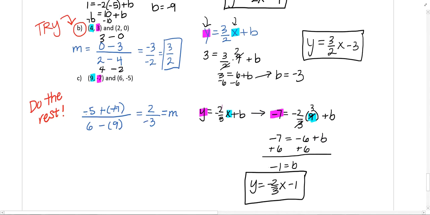I'd already plugged in my slope of -2/3. In this case it does cross cancel, so 3 goes into 9 3 times, so -2 times 3 will give you -6. And then we get -7 is equal to -6 plus b, so then you add 6 to both sides and you get that b is -1. So here's our answer when we plug in m and b. All right, great job.